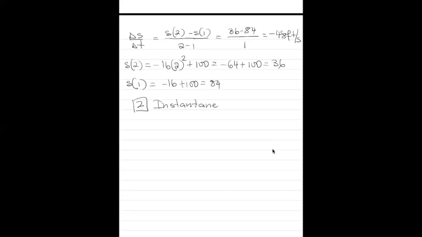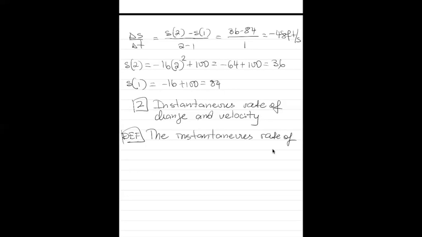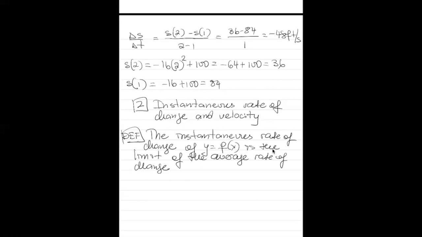By definition, the instantaneous rate of change of y equals f of x is the limit of the average rate of change on the interval from x to x plus delta x.